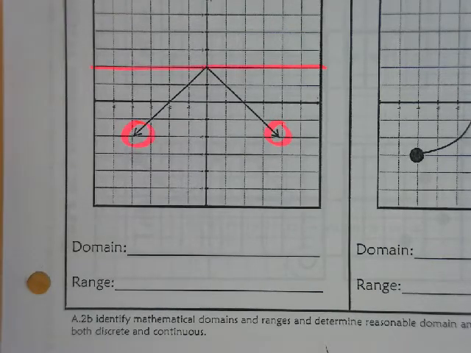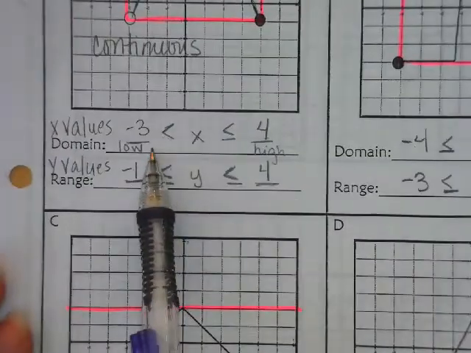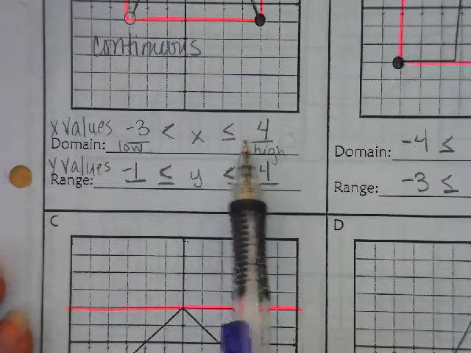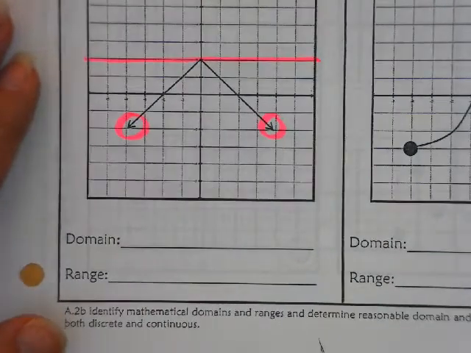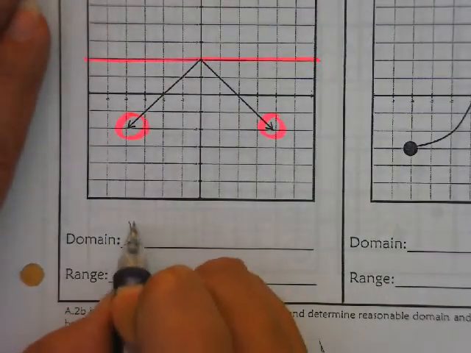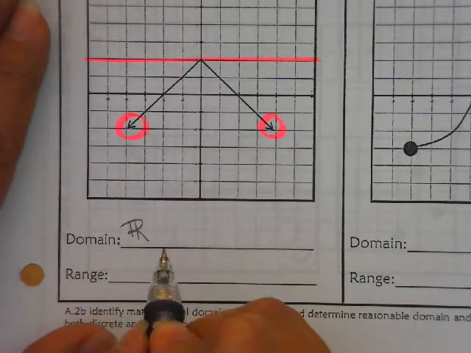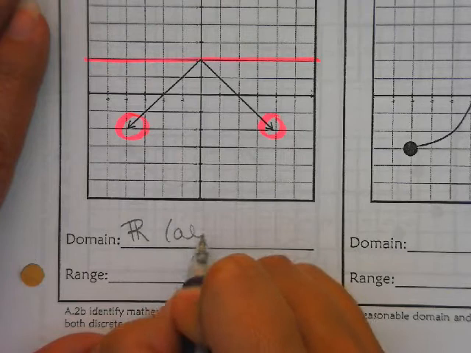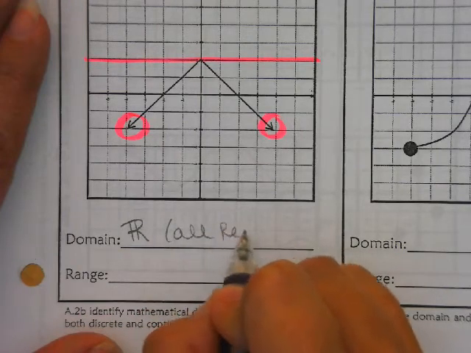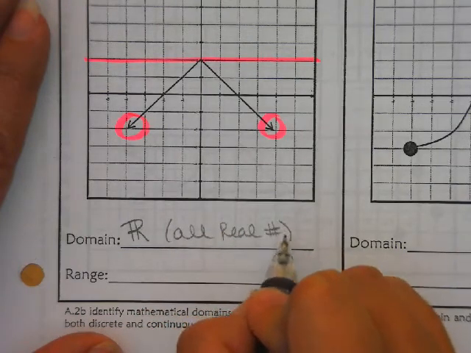Infinite. Right? We're not going to write it in our format. We're not going to write negative infinity less than or equal to x less than or equal to positive infinity. We have another word for that. Does anybody remember it? Yes. All real numbers. This is the symbol. It is an R with 2 lines. All real numbers. Okay?